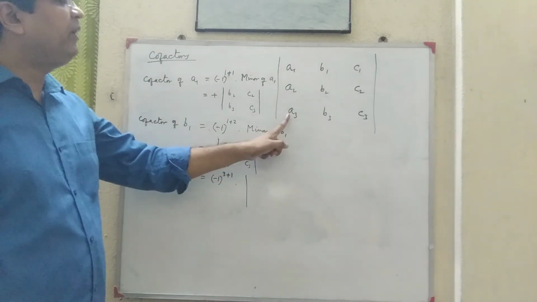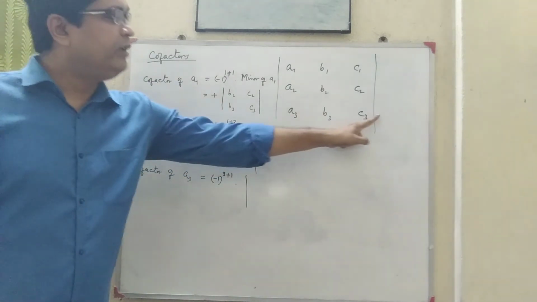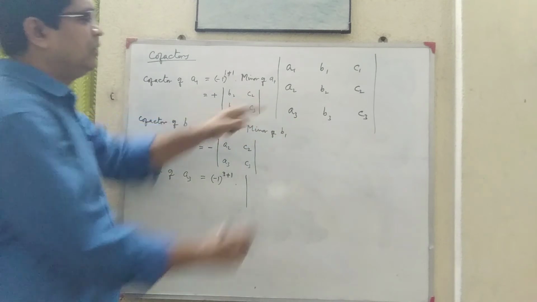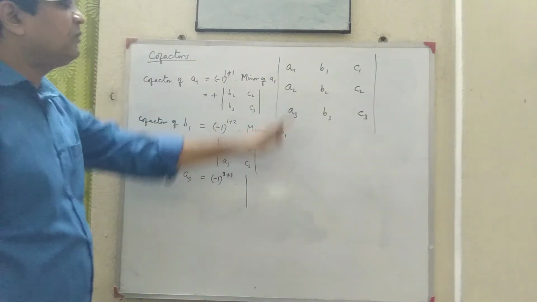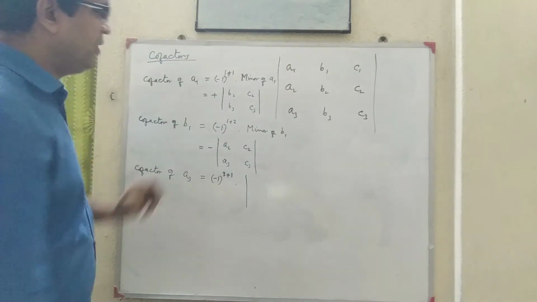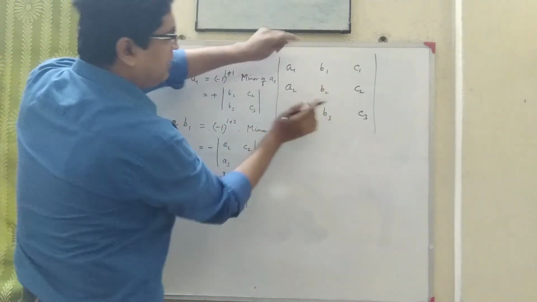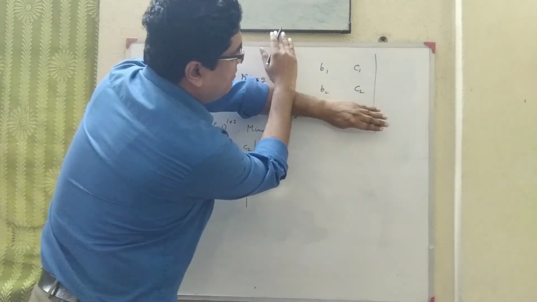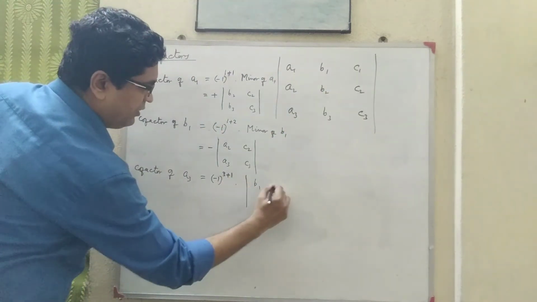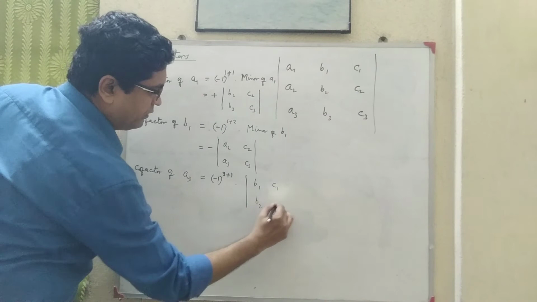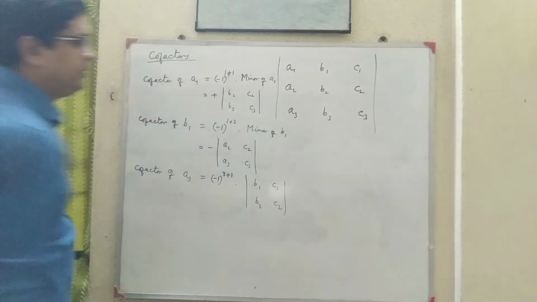Now the minor of A3: A3 lies in the third row, so you cover the third row, and A3 lies in the first column, so you cover the first column. Covering the third row and the first column, we get B1, C1, B2, C2.